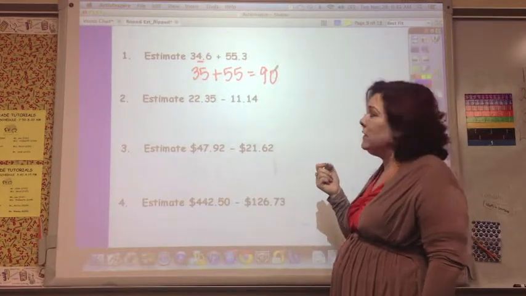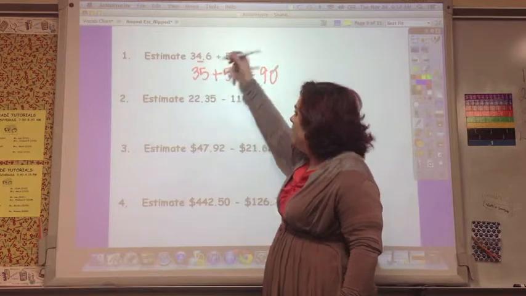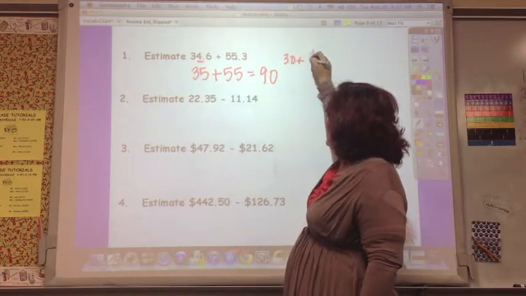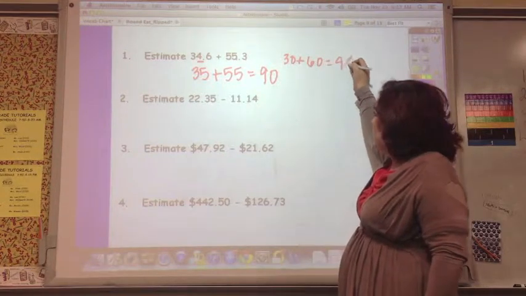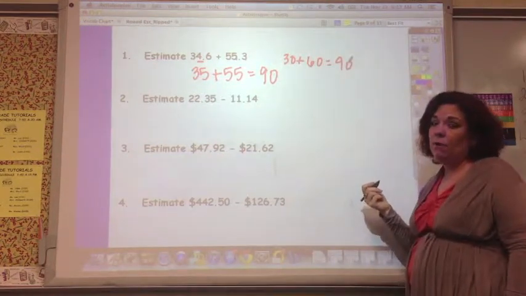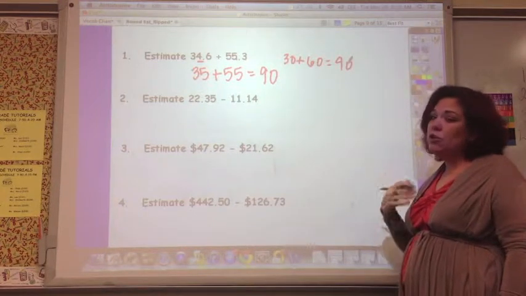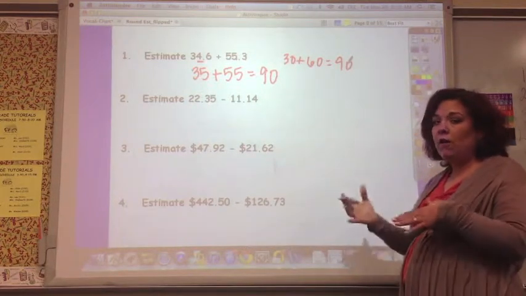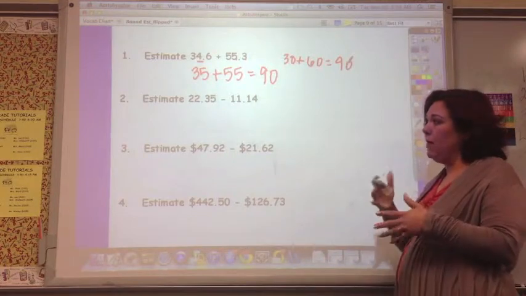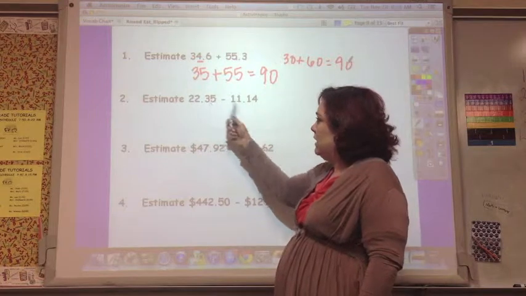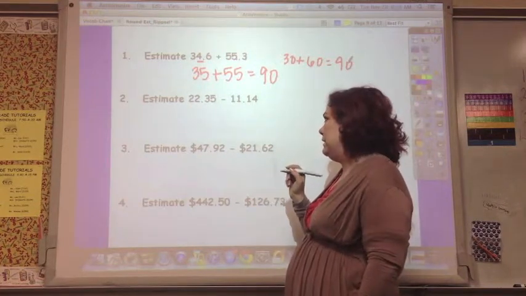If we wanted to do to the nearest $10, that would go to 30, and that would go to 60. So guess what? Our estimates are the same whether we went to the nearest $10 or the nearest dollar. It'll usually tell you the nearest dollar or the nearest $5, $10. I'm going to do this to the nearest $10 because it's just easier.